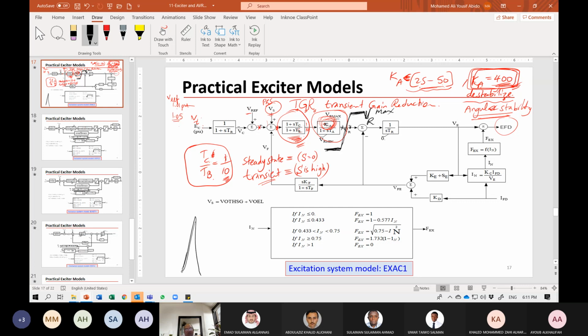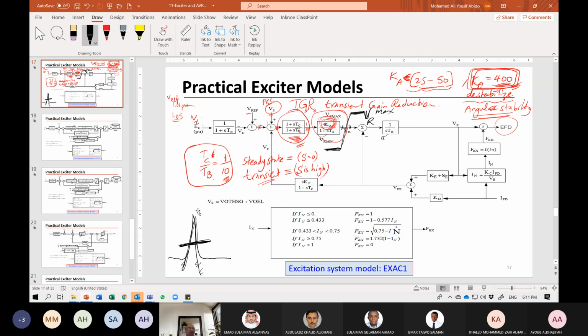The voltage is here, and then it goes up, so you limit it, you put it here just to keep your equipment on the safe side, to limit the voltage output.